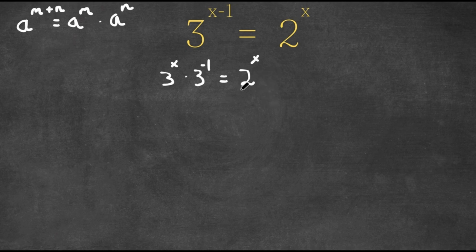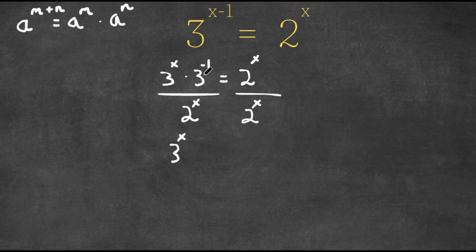Now I'm actually going to divide by 2 to the power of x on both sides. So now we have 3 to the power of x.